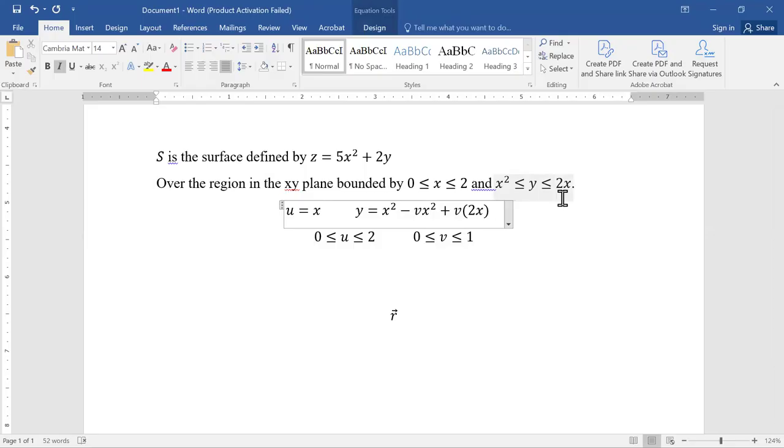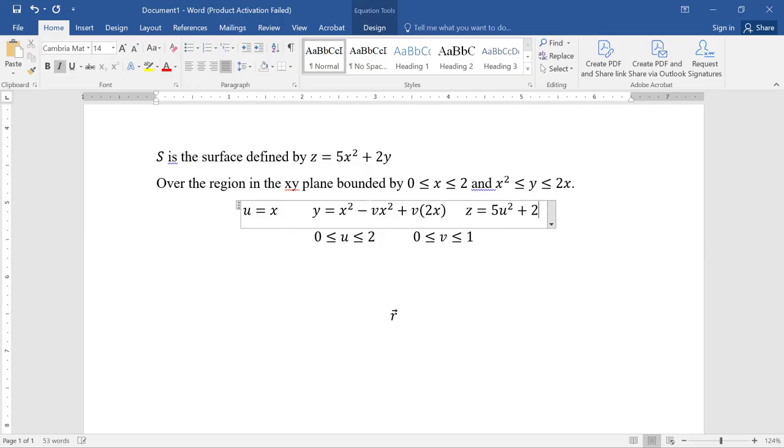Now, this is going to also make our z more complicated, but that's okay with parameterization. Our z here was equal to 5x squared plus 2y. Well, again, I'll do a u substitution in for x. That's going to be 5 times u squared.